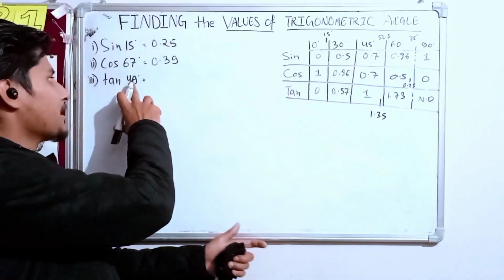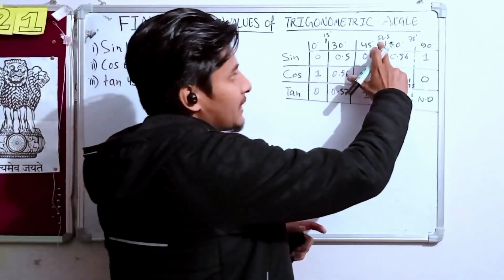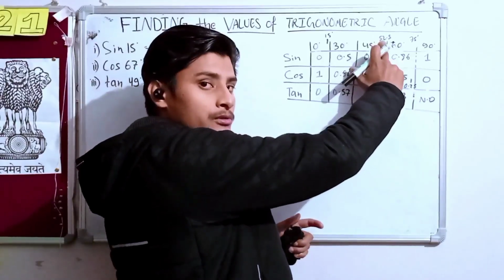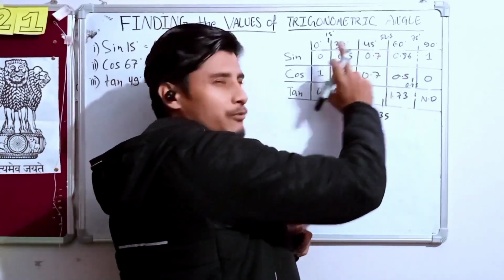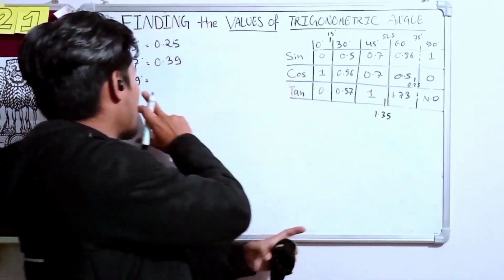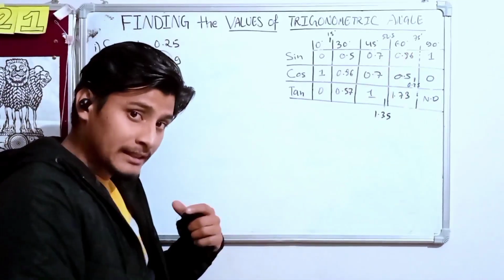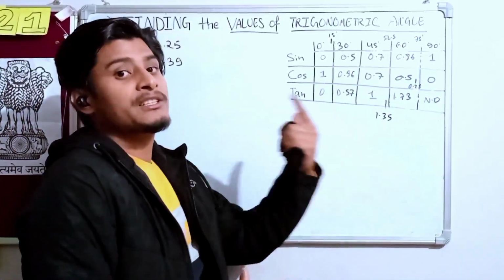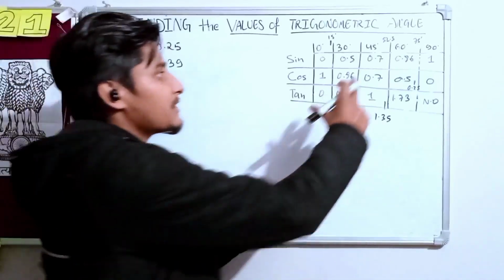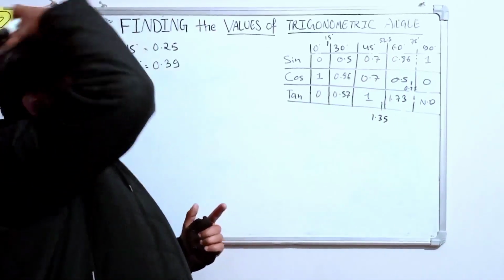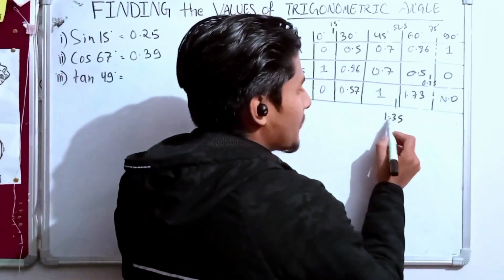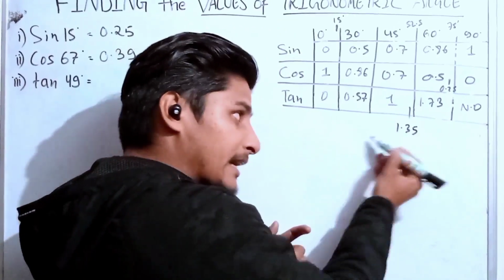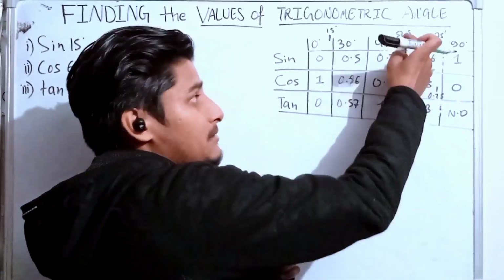But I need to find it for 49, right? So 49 is again less than 52.5, just closer to 51, 52. So 49, 50, 51, 52, almost three units of angle difference. In that case, from 1.35 I need to decrease my value, because I am decreasing my angle.